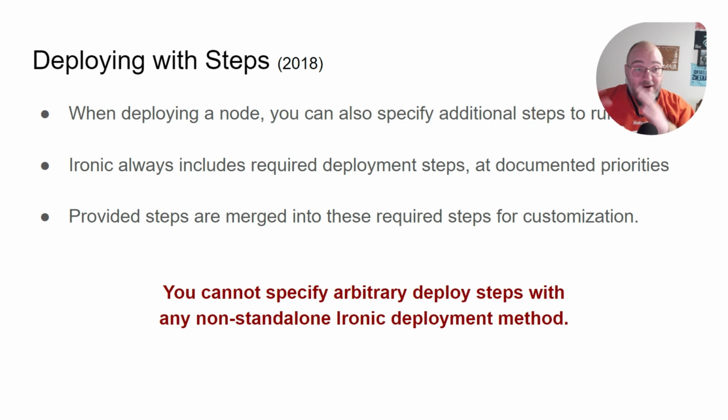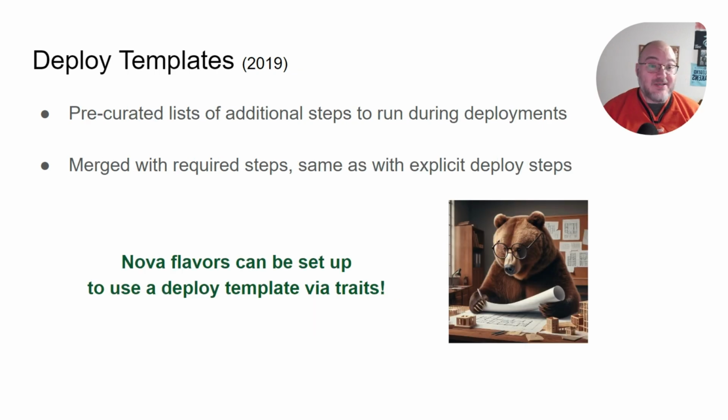And then, whatever steps you provide, we merge those steps together with the required steps for deployment to build up a whole process. But there's a big downside to this, and that's that if you're using Metal Cubed, if you're using Nova, you don't have access to this feature because you cannot specify arbitrary steps at deploy time for any non-standalone Ironic deployment method. But that's okay because that's why we added deploy templates in 2019.